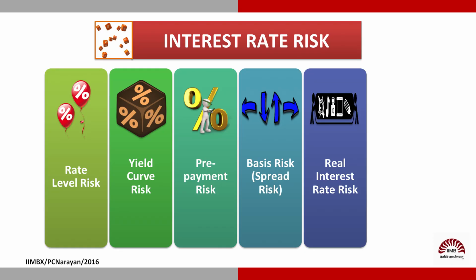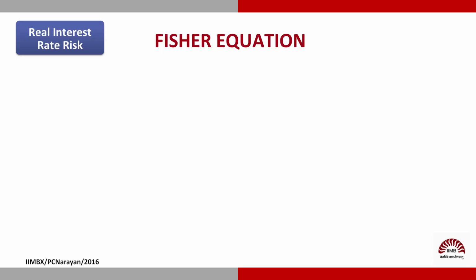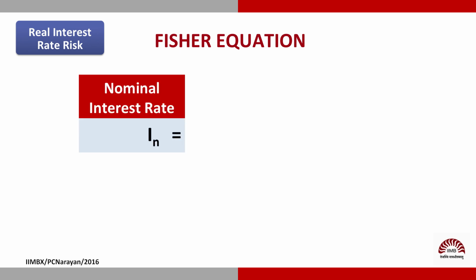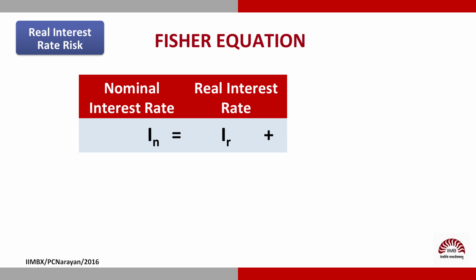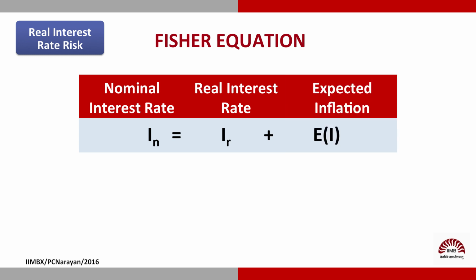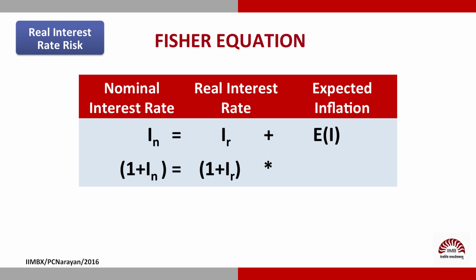5. Real interest rate risk. Please recall the Fisher equation, which states that nominal interest rate is equal to real interest rate plus expected inflation. Recall the formula: 1 plus IN, which is the nominal interest rate, is equal to 1 plus IR, which is the real interest rate, into 1 plus EI, which is the expected inflation.